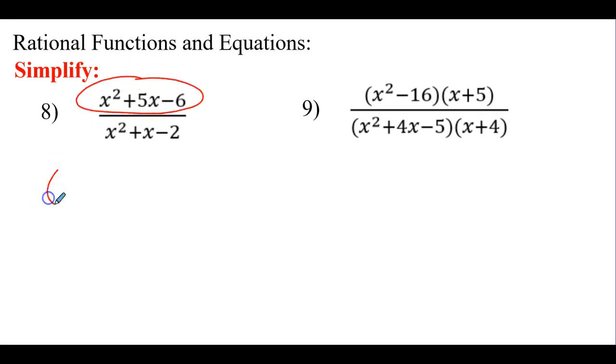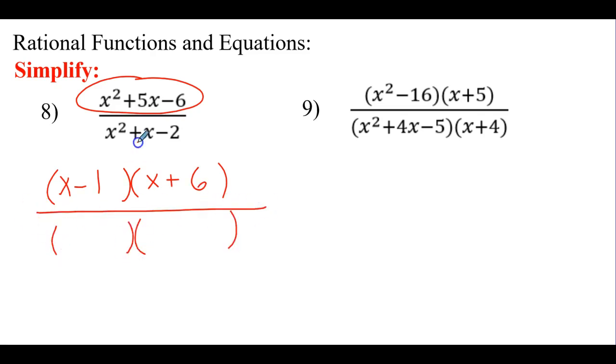What factors of negative 6 add up to 5? Negative 1 plus 6 over what factors of negative 2 add up to positive 1 in the middle there? Negative 1 plus 2. So factor, factor, factor.